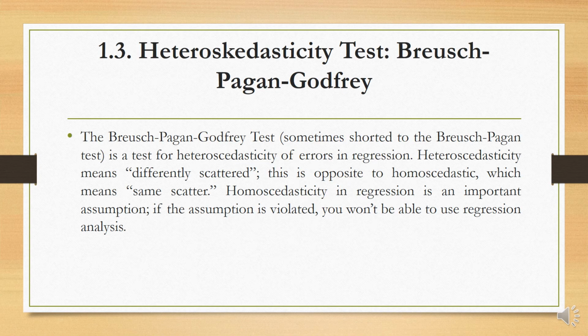So our next test is the heteroskedasticity test, that is the Breusch-Pagan-Godfrey test. The Breusch-Pagan-Godfrey test, sometimes shortened to the Breusch-Pagan test, is a test for heteroskedasticity of error terms.